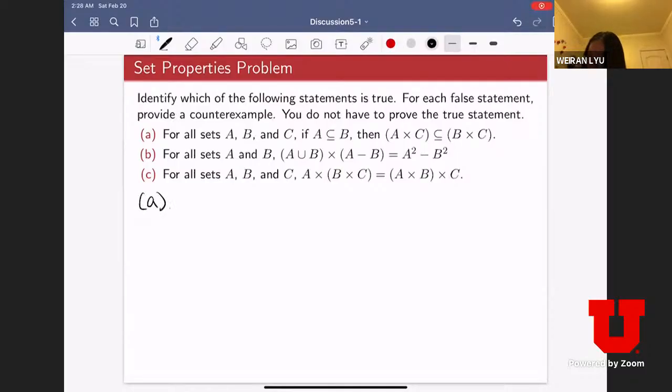I will give you about 1 or 2 minutes to work on the first two, part A and part B. Just think about whether you can find a counterexample or not. If you can, then the statement has to be false. Otherwise, it's true.